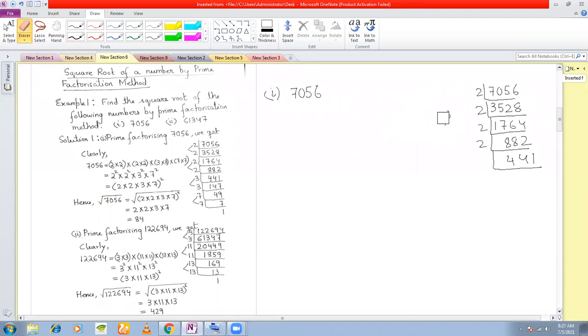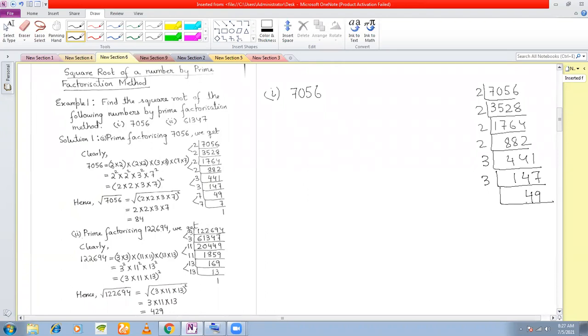This is the way you will check whether it is divisible by 3. So you get 147. Now check again whether 147 is divisible by 3 by adding up the digits. It is divisible by 3. So now you divide it to get 49.